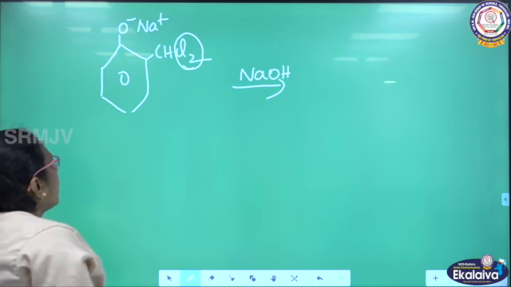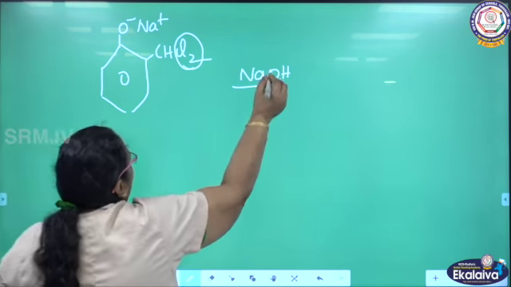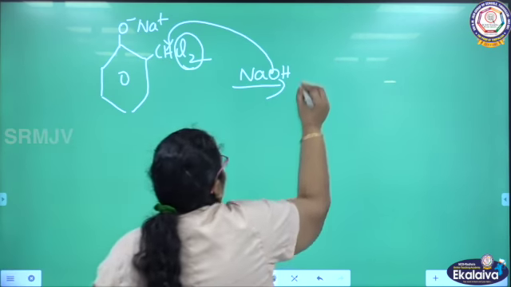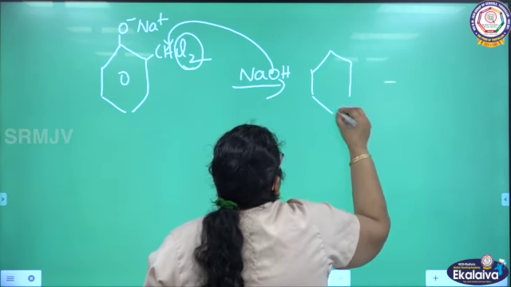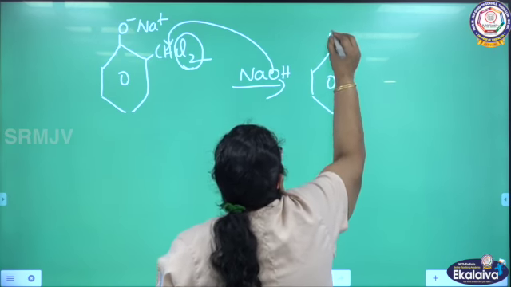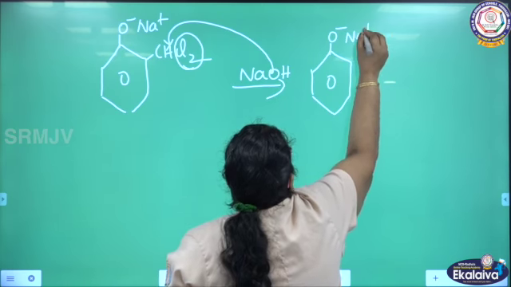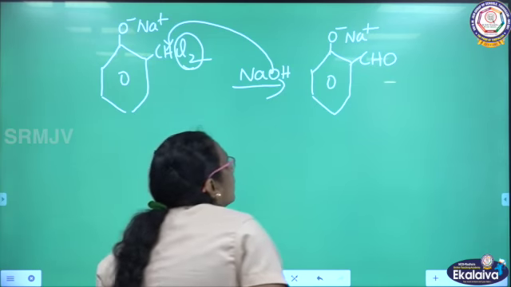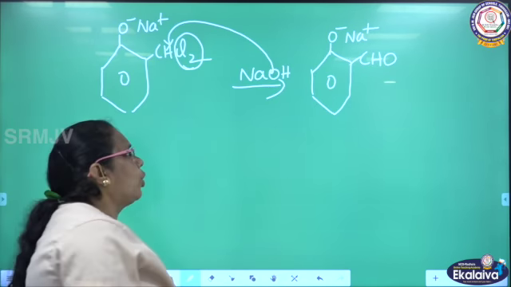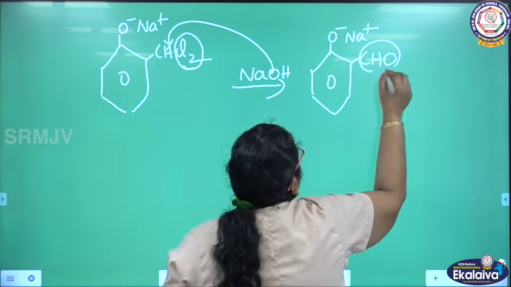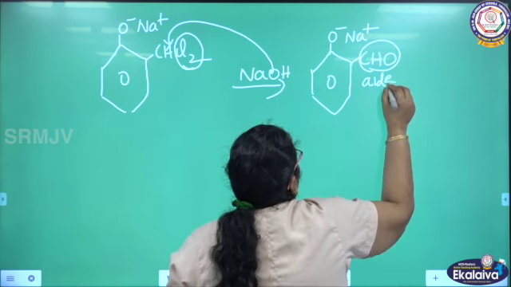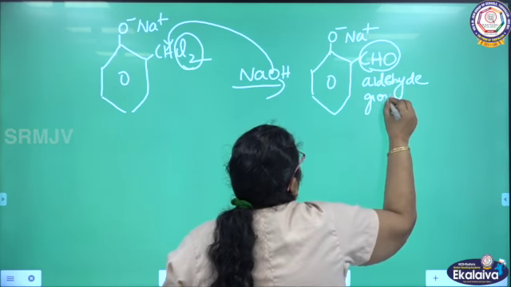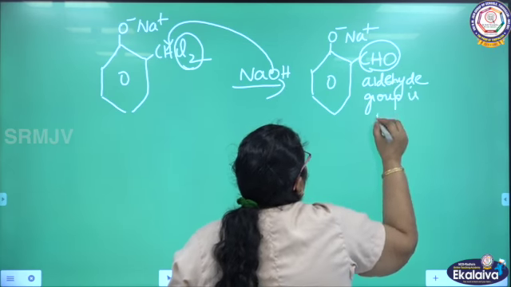Chlorine is removed from here, and in the place of chlorine, oxygen is substituted. Write the reaction: C6H5O-Na+. Here you will be getting CHO, an aldehyde group. Aldehyde group is introduced.